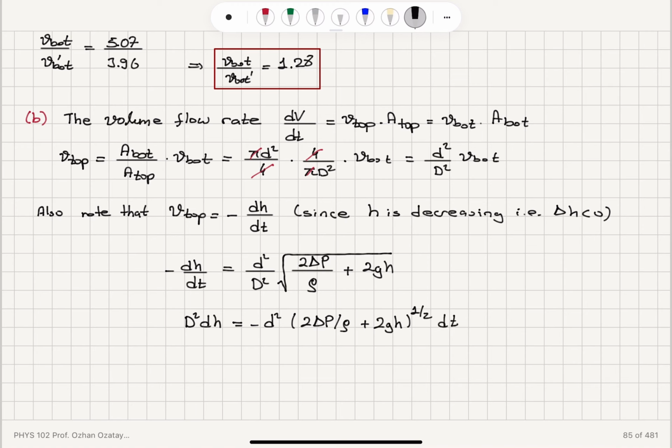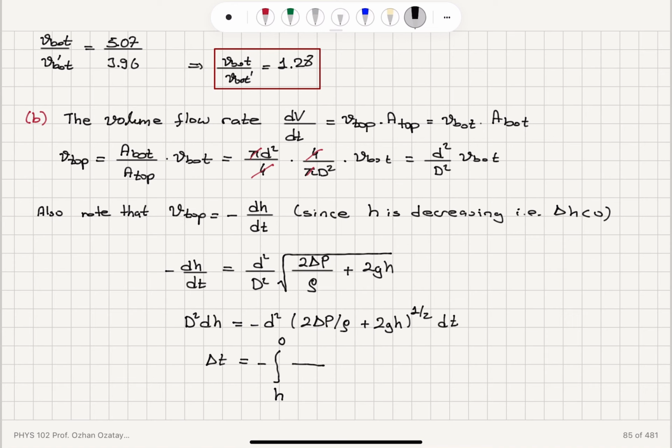All right. So how long does it take to drain the whole tank? So delta t will be then minus the integral. H goes from its original value h to 0, that is when it is completely drained.